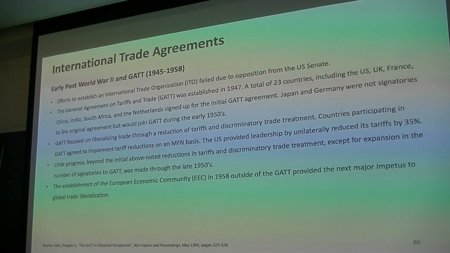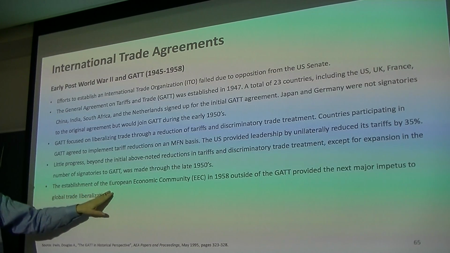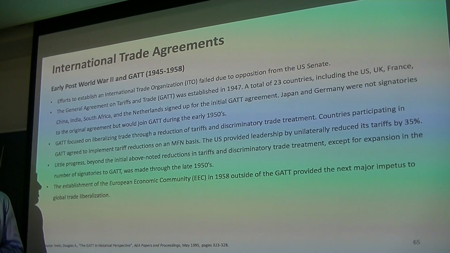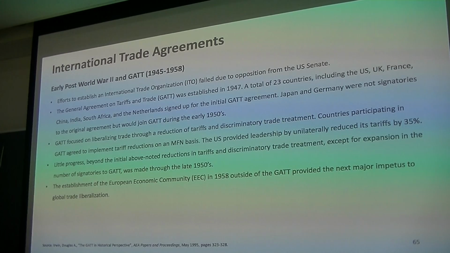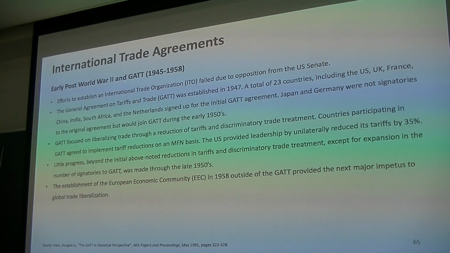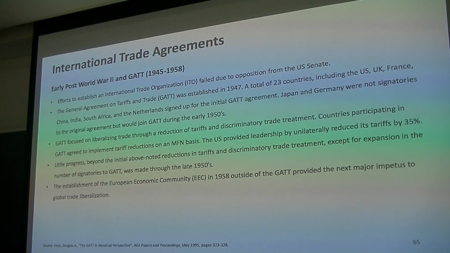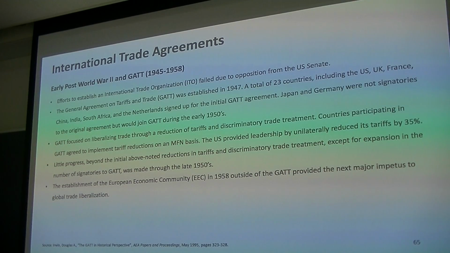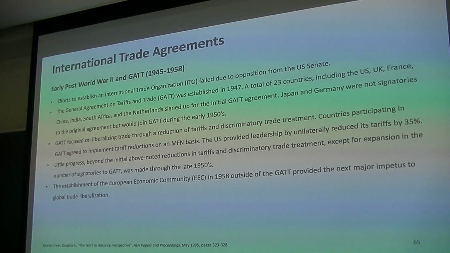The next major change that took place was the establishment of the European Economic Community in 1958, and that was initially what was called the Benelux countries. The initial three countries involved were Belgium, the Netherlands, and Luxembourg.